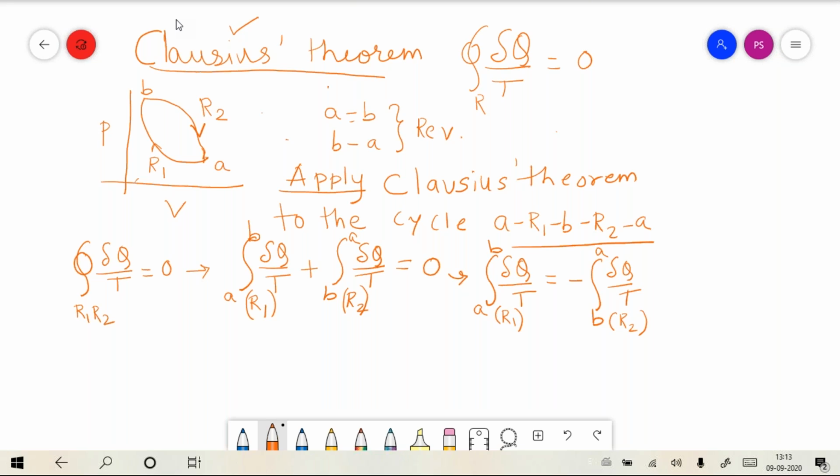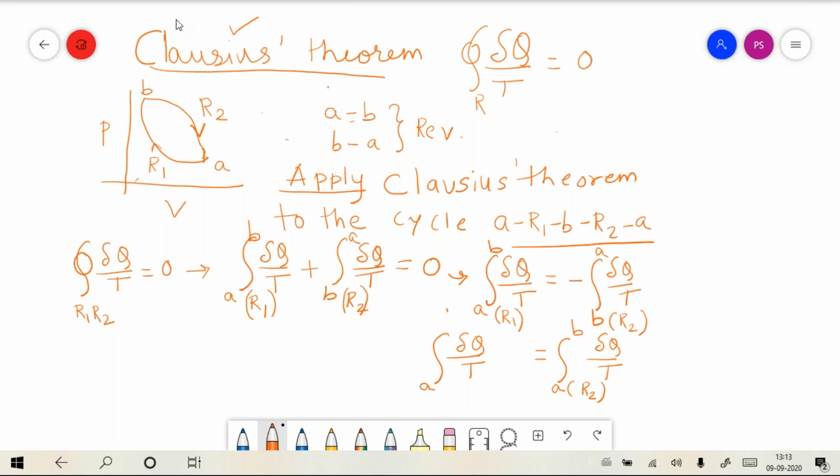Now I'm going to get rid of this negative sign by changing the path, so it would be from A to B via path R2. So what you see now is that the integral of del q by T from A to B via path R1 is equal to the integral from A to B via path R2 of del q by T.